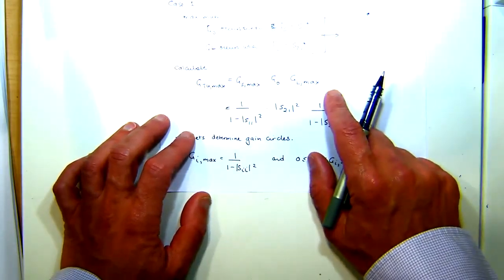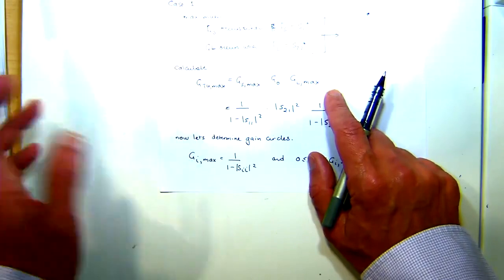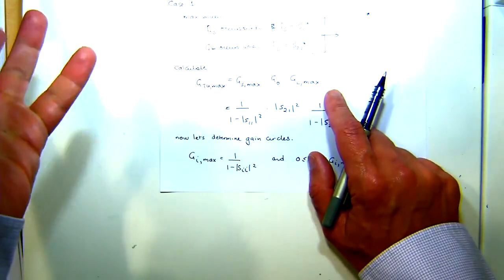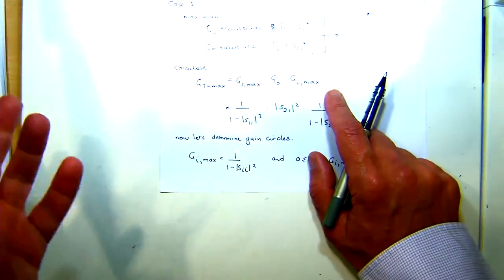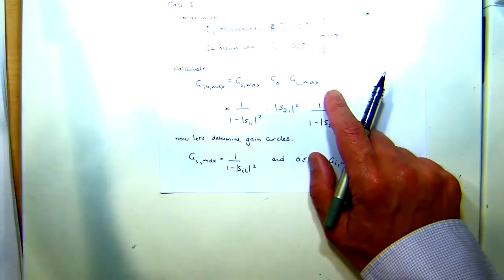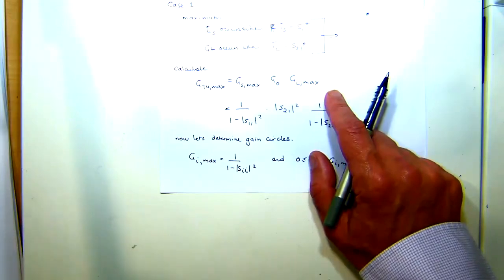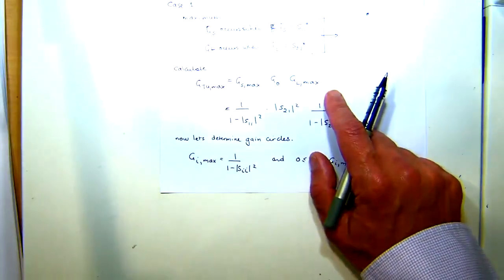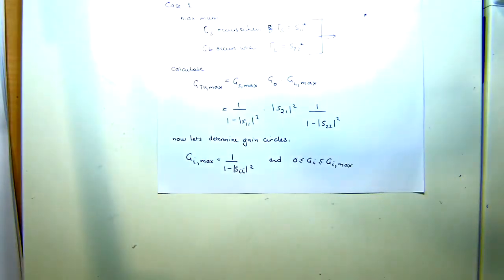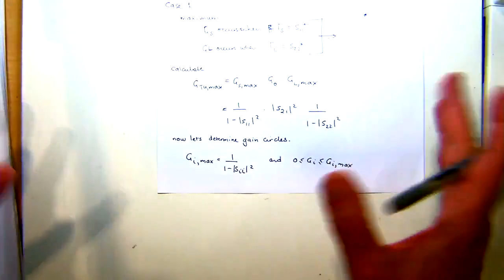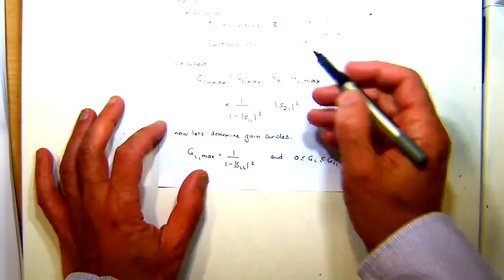If you had A times B, and A and B were positive numbers greater than 0, when would you get the maximum? When A is maximum and B is maximum. There you can choose arbitrarily large values, here you've got some constraints.